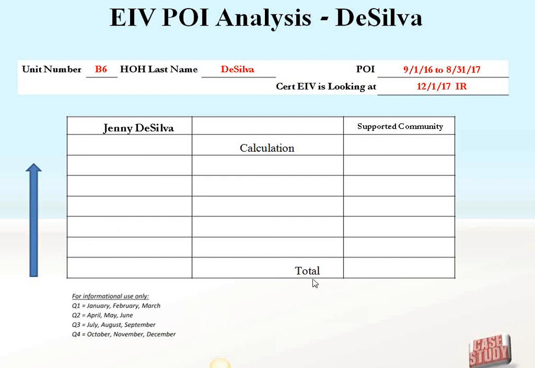Our next income source, we're going to do supported community. Exact same format on your table. You're going to write your quarterly range bottom up.